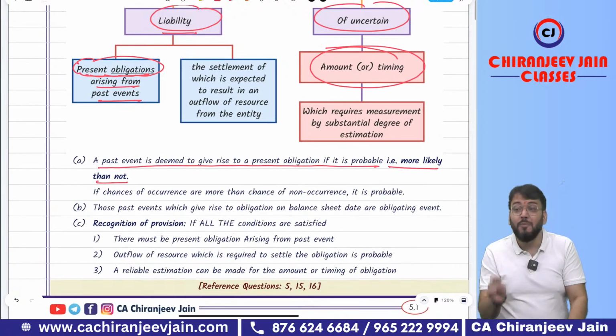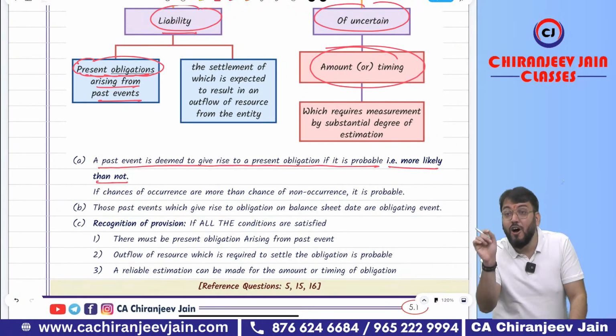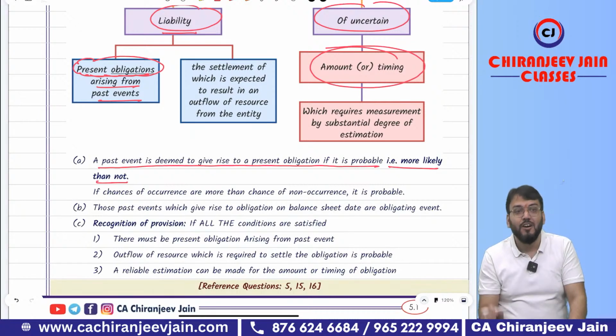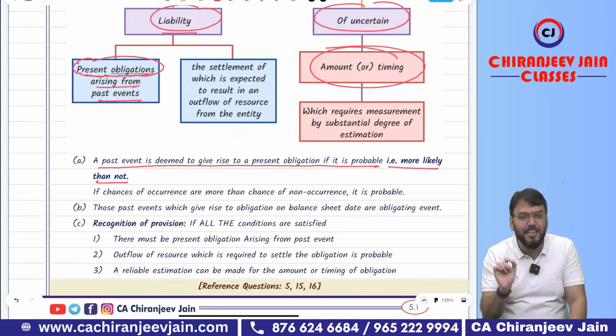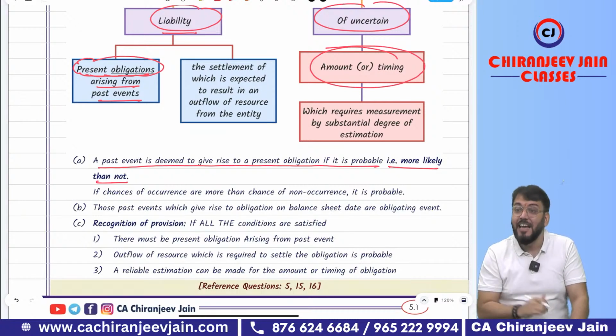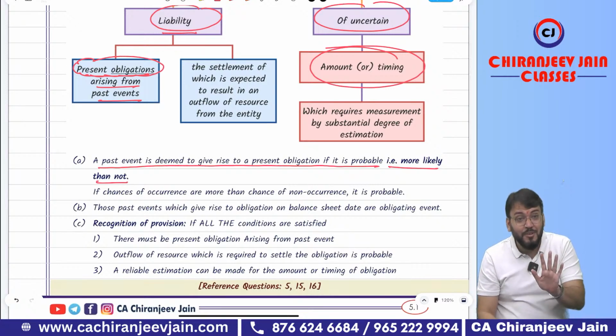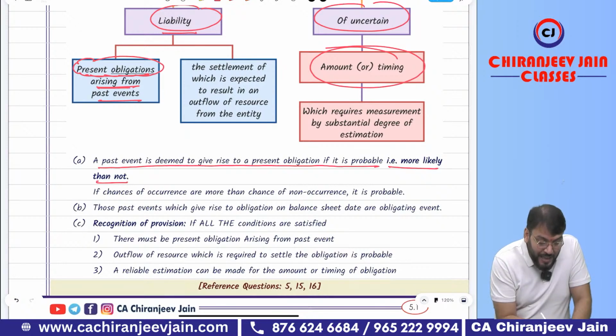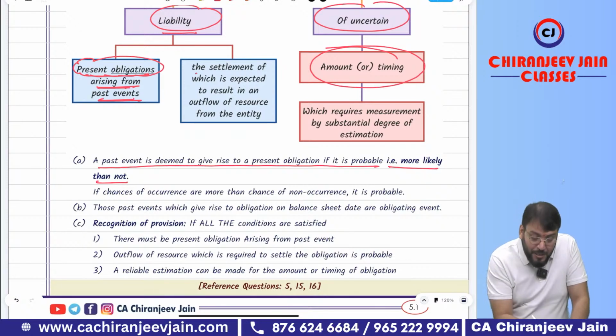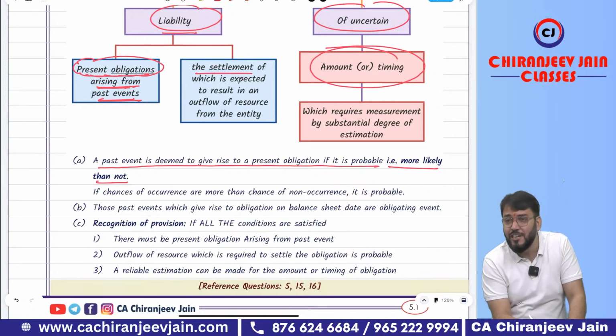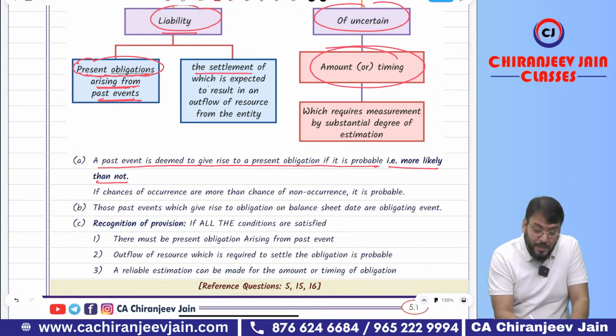Understood? The present obligation means obligations are probable on which date? On reporting date. Reporting date means balance sheet date. Arises from which event? Past event, not from future event. So present obligation arising from past event, the settlement of which, now or in future, is expected to result in an outflow of resource from the entity.